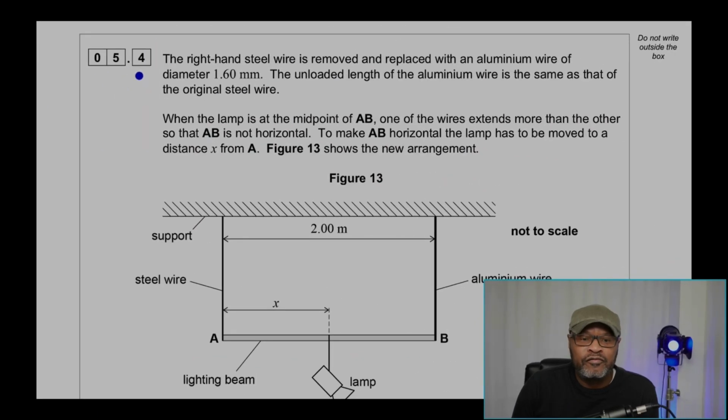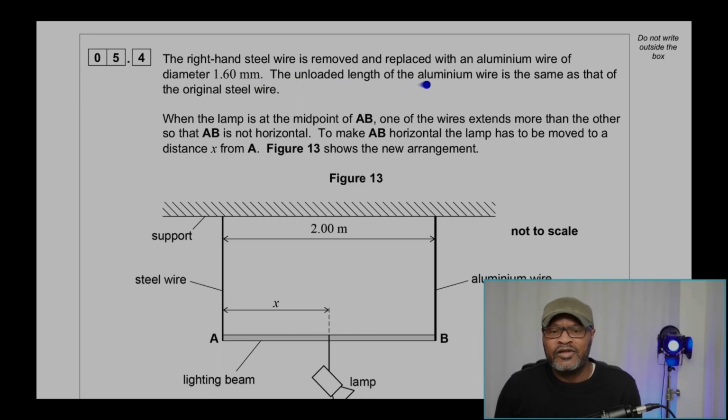Question 5.4. The right hand steel wire is removed and replaced with an aluminium wire of diameter 1.6 millimeter. The unloaded length of the aluminium wire is the same as that of the original steel wire.